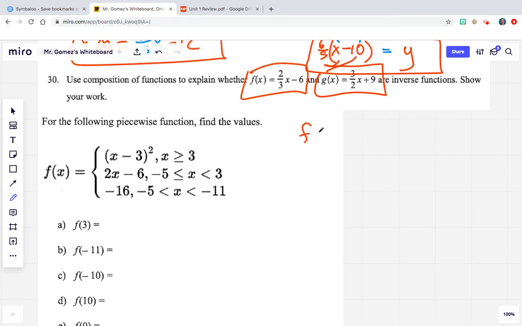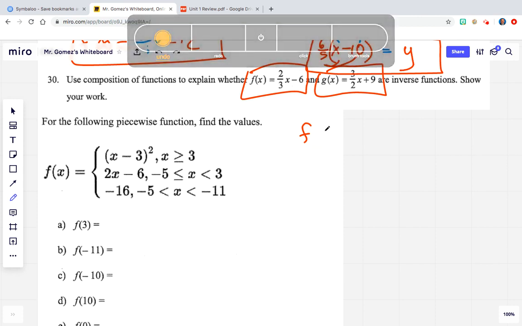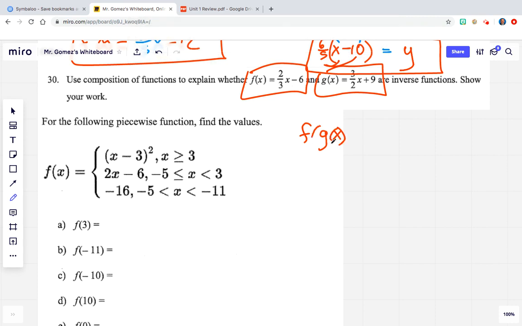So basically, remember this proof that we did in class, we're trying to do a composition of what is f of g of x, and would it equal the same as g of f of x? We're trying to see what do they give you if you do both of those compositions. If whatever they give you is the same, then they are inverses of one another, okay?